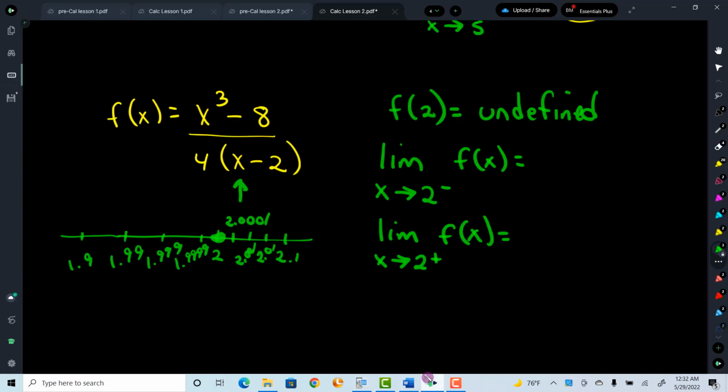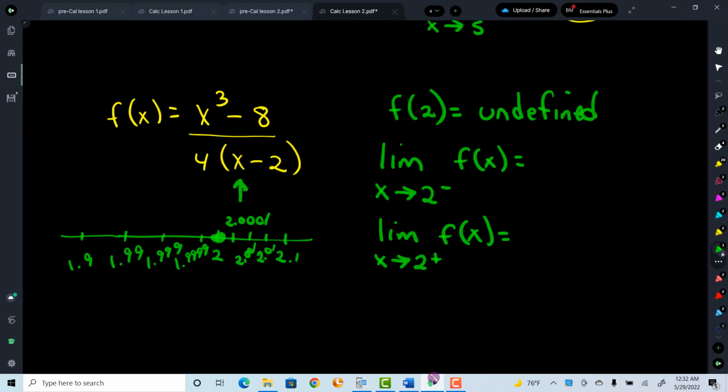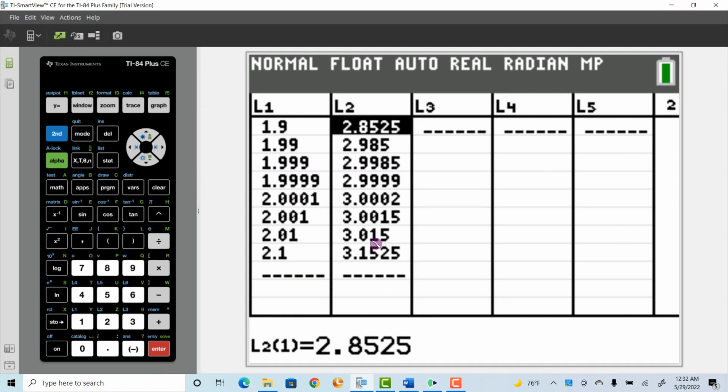So the limit as x approaches 2 from the left is approaching 3. Right here I am at 2.9999. So the limit as x approaches 2 from the left is 3. The limit as x approaches 2 from the right, look what's happening. It's also 3.